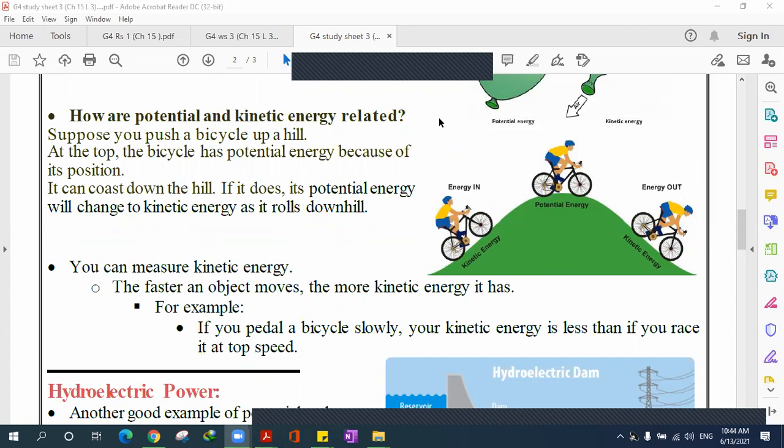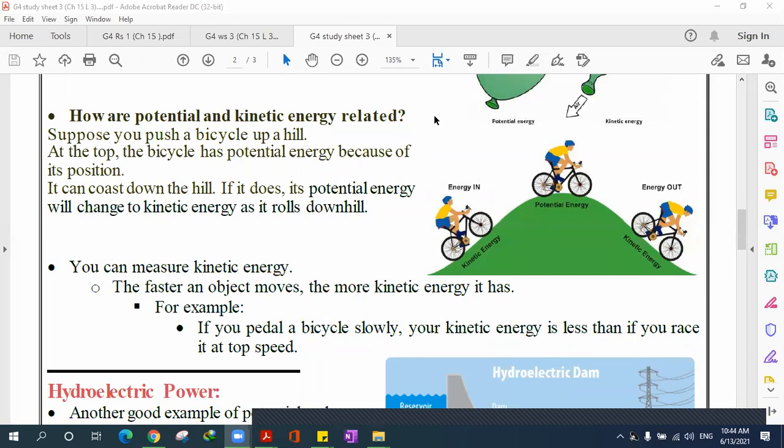For example, this bicycle here, the one you can see, he's climbing up the hill. At some point he needs kinetic energy, and at another point all this kinetic energy will change into potential energy.